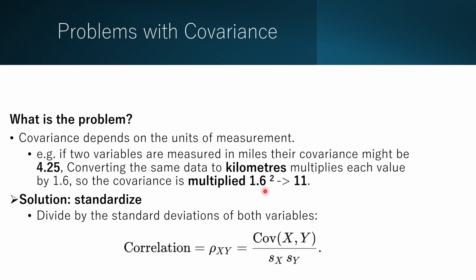So 2.56 multiplied by 4.25 is almost 11. The value is different in a different unit. That means you cannot directly compare covariances across different scales. To solve this, we need to standardize.